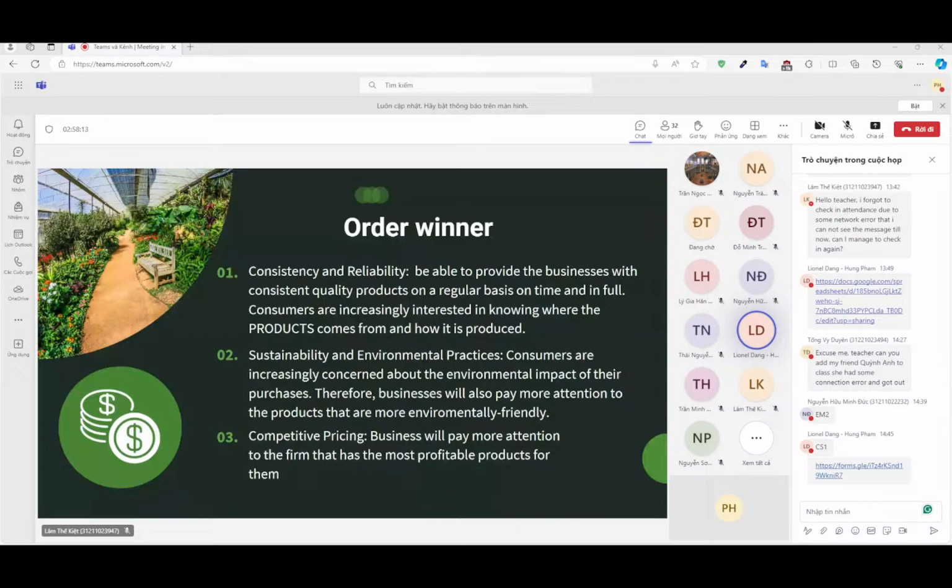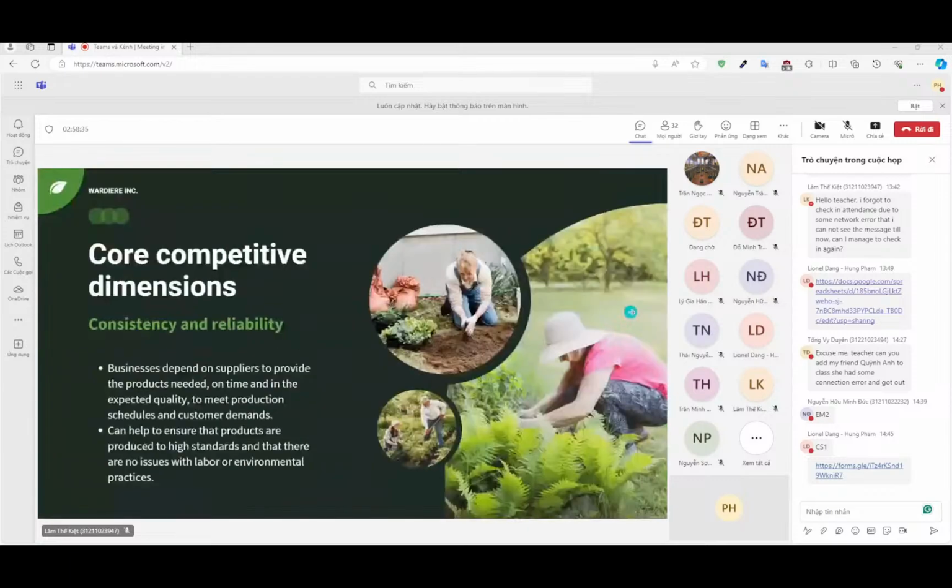Because you have so many other winners, we get lost in your presentation. We don't know the remaining slides. You are building the strategy to address the winner criteria. For example, go to the next slide. You talk about the competitive dimensions.